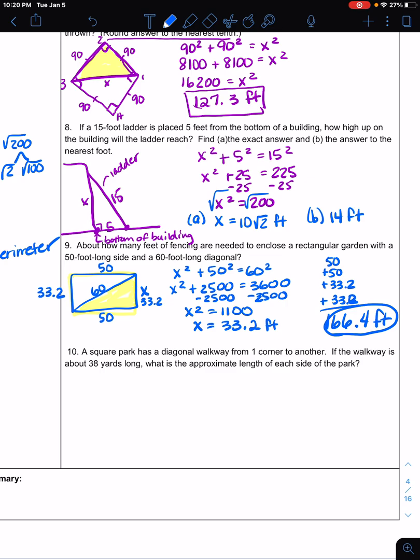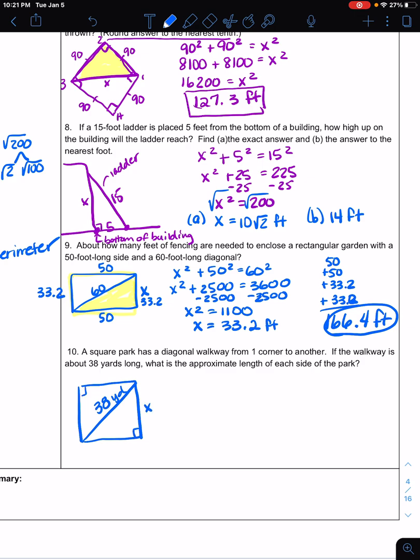Okay, this last one's just a little bit of a bonus question. So we have a square park with a diagonal from corner to corner. Okay, if the walkway is 38 yards long, what is the approximate length of each side of the park? So this is what I want to know.